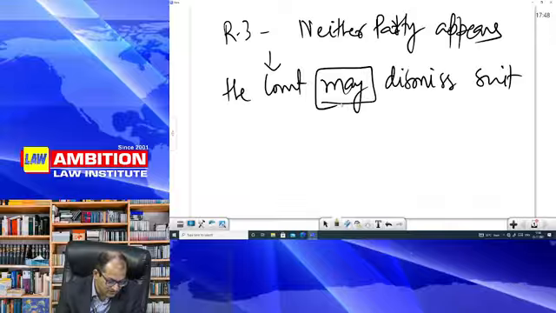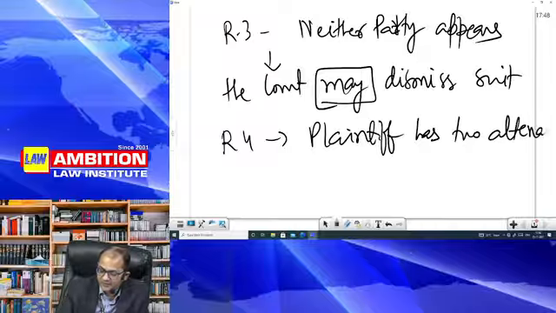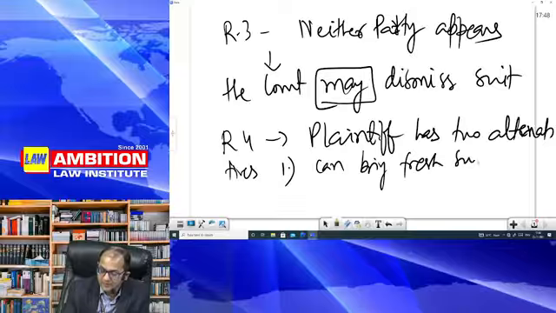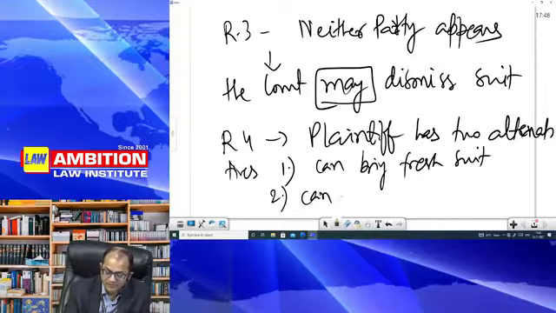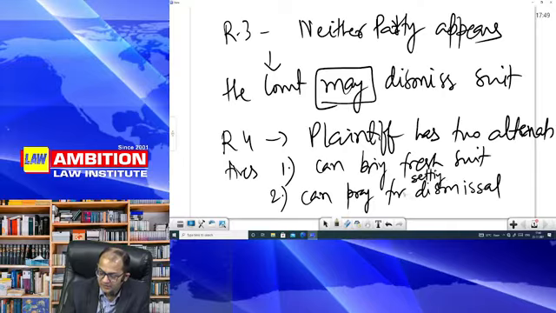And you must understand, I said that in Rule 4, the plaintiff has two alternatives. One can bring a fresh suit, and the second can pray for setting aside the dismissal order.